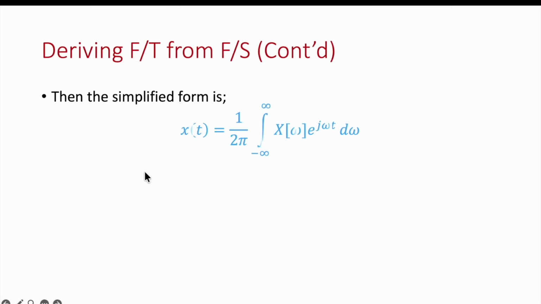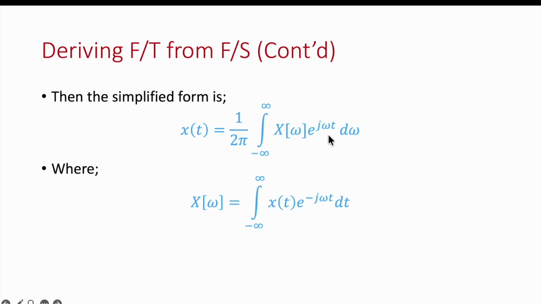Then the simplified form is written in this case: x of t is equal to 1 over 2 pi times the integral of x of omega e raised to the power j omega t d omega. And you know what x of omega is, which is equal to the integral of x of t e raised to the power minus j omega t dt. Why is this 1 over 2 pi?